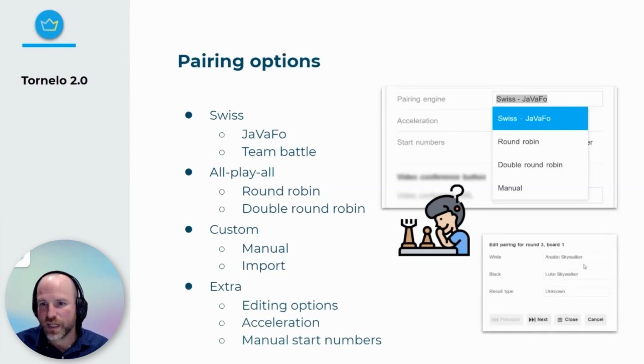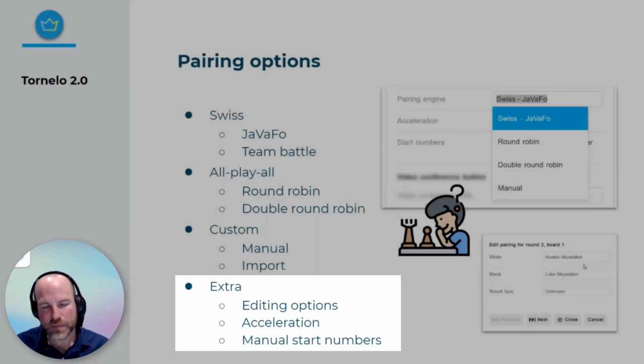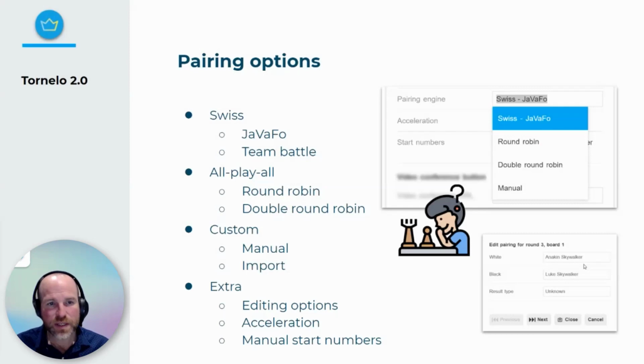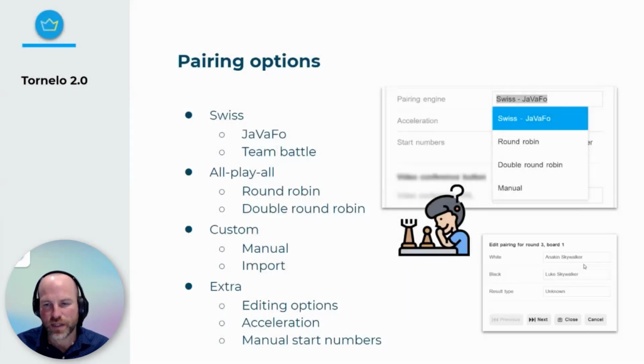We have some extra functionality as well for pairings. You can obviously edit any individual pairing. So halfway through a round, if you want to get everybody playing a game, you can edit pairings manually. You can also do acceleration.